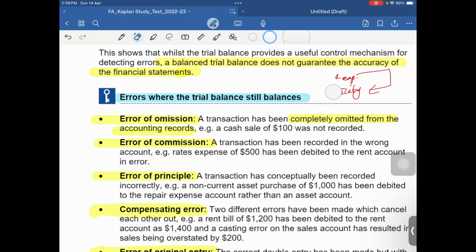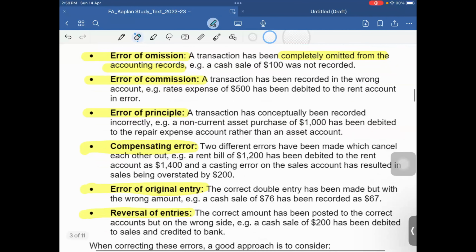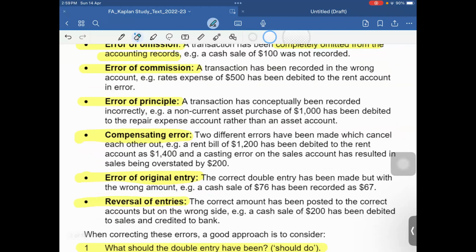Next one, error of principle. An error of principle is when you have done a transaction, and you take it correctly on the debit side, but it should have been in another account, and you have taken it wrong.